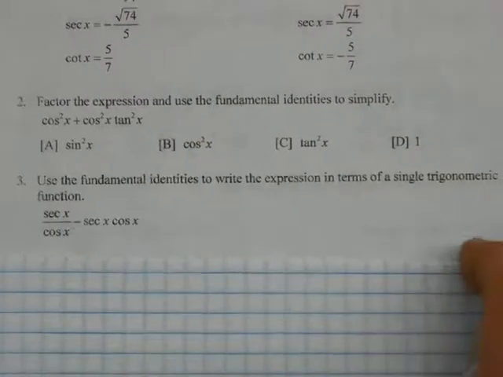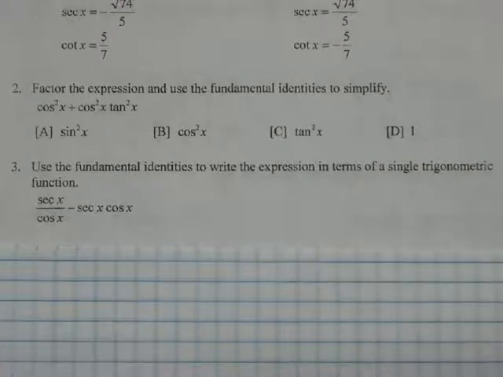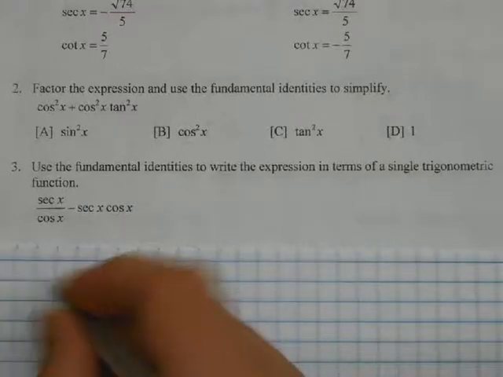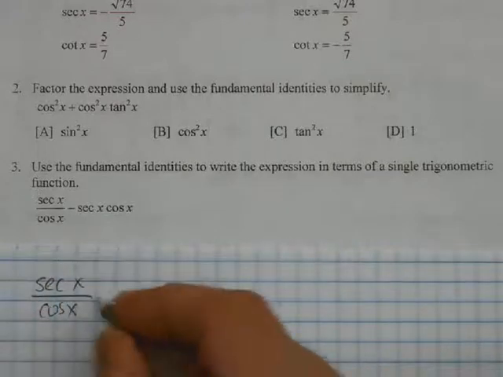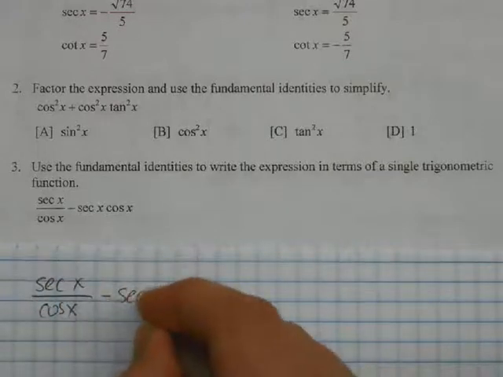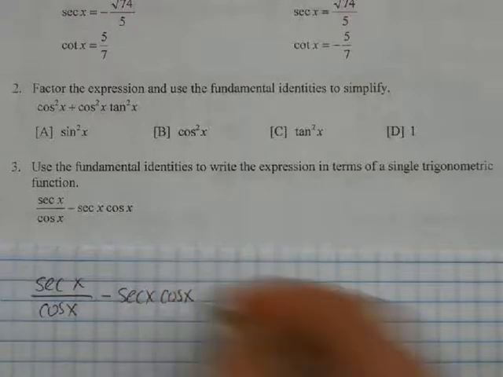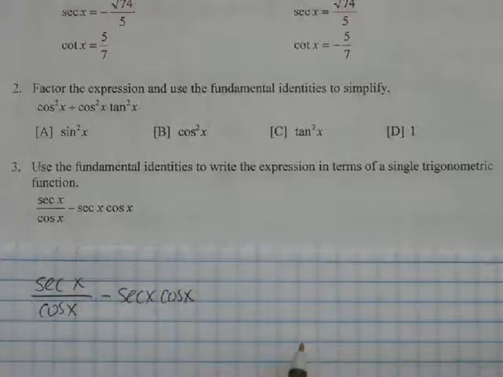Number 3, use the fundamental identities to write the expression in terms of a single trigonometric function. Okay, so I'm going to go ahead and rewrite everything in terms of sine and cosine.